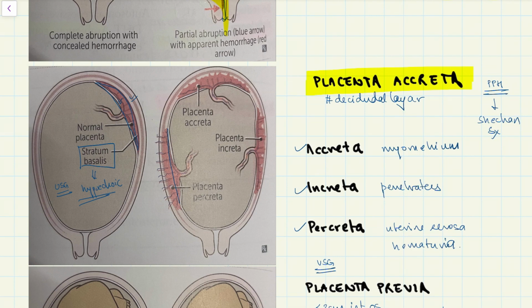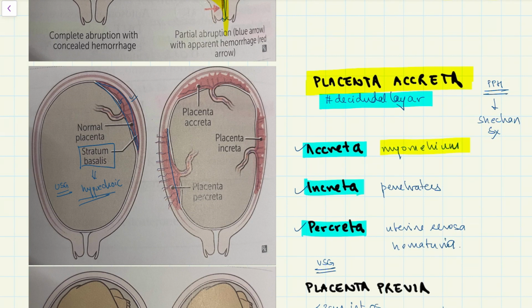So in placenta accreta, what happens is that there is a defect in the decidual layer leading to abnormal attachment and therefore abnormal separation of the placenta. Based upon the depth of penetration, it is divided into placenta accreta, increta and percreta. In placenta accreta, the placenta attaches to the myometrium, but it does not penetrate it.